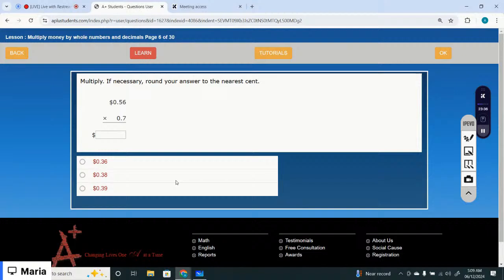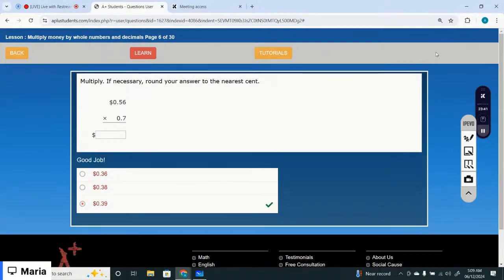That is option number 3. 0.39 is the correct option.